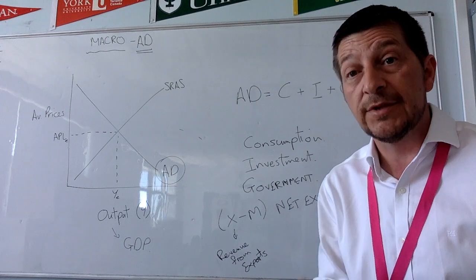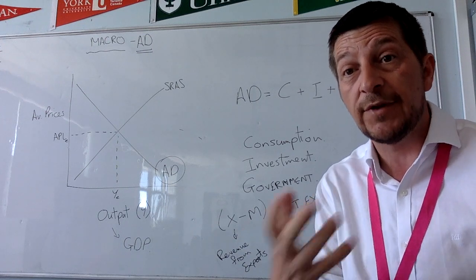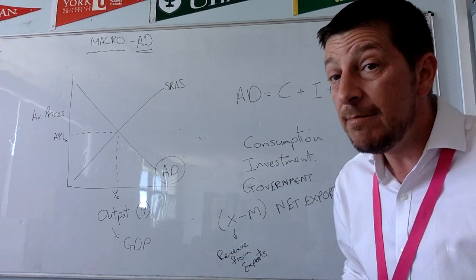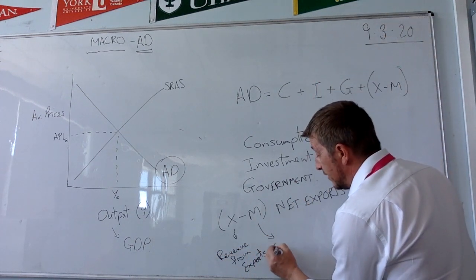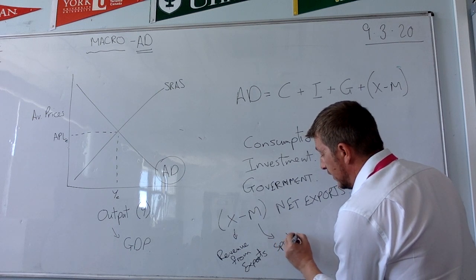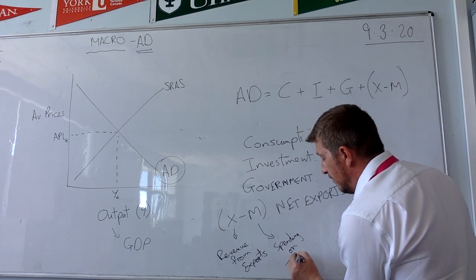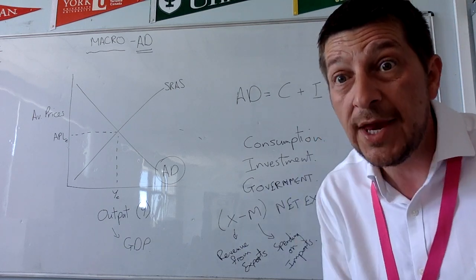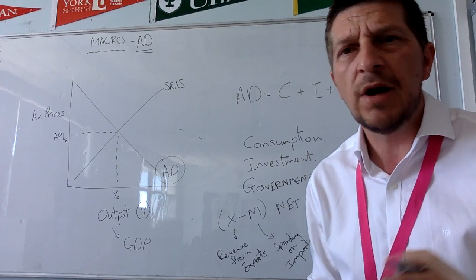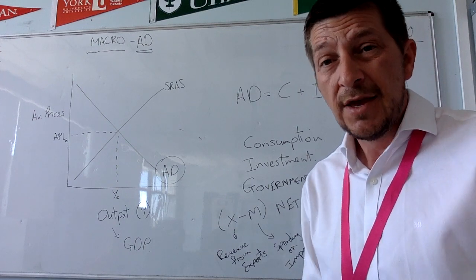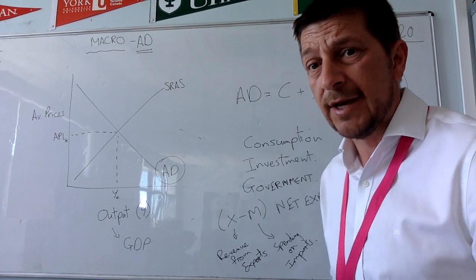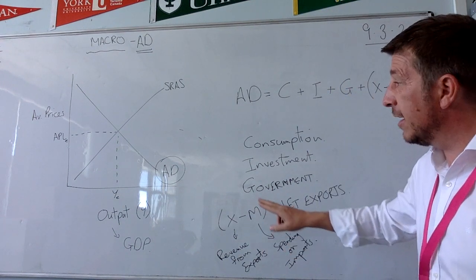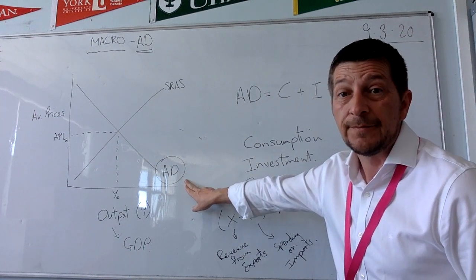So that is a positive number. We then take away the spending on imports, and that's what m represents, spending on imports. Now this is also known as something like the trade balance in the balance of payments. It's part of the current account in the balance of payments. The balance of payments we'll come on to a little bit later. But what we need to know is that our net exports make up part of our aggregate demand.